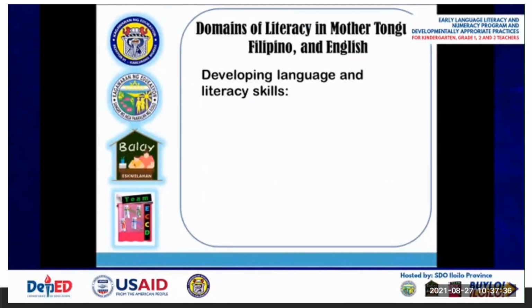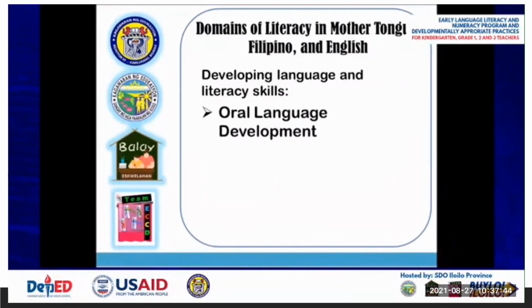Here are the domains of literacy in mother tongue, Filipino, and English. First is oral language development. The learner possesses developing language skills and cultural awareness necessary to participate successfully in oral communication in different contexts.